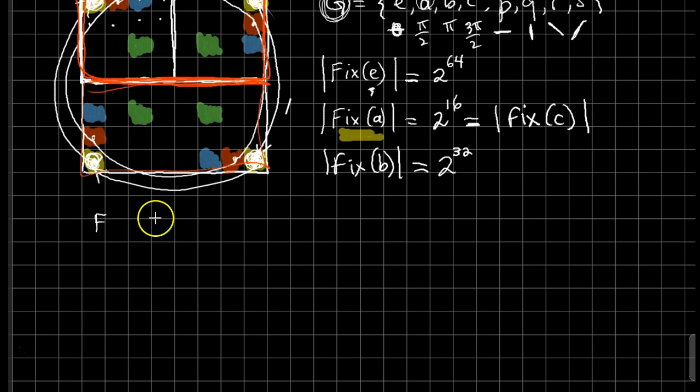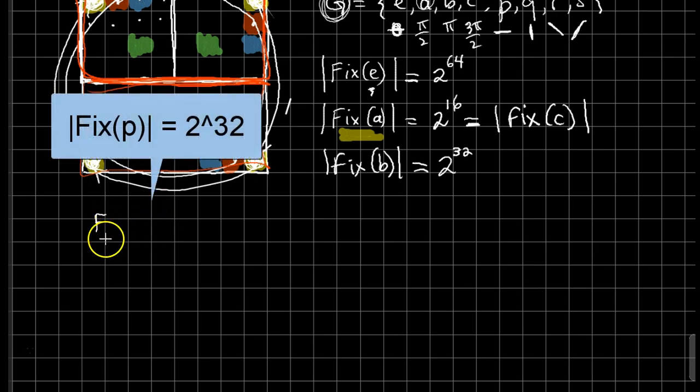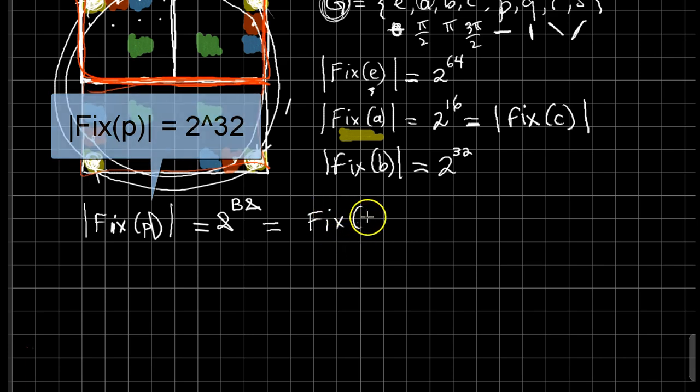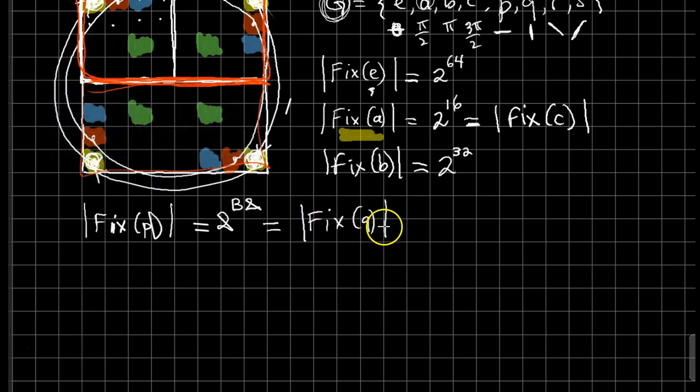The fix of P, recall, was the horizontal, so therefore the fix of P would be, we have 32 members above the horizontal, so the number of elements here would be just 2 to the power 32, and that number is actually equal to the fix of Q as well. In a similar way, it's possible to figure out the fix of R and S as well.